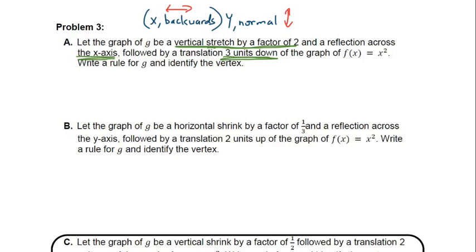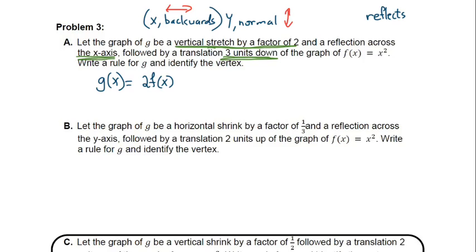So for my g of x, I'm going to take my original f of x. There's nothing on the inside, so I don't have to mess with that at all. To stretch by a factor of 2, you multiply by 2. To reflect across the x-axis, that means we multiply by a negative. Remember, reflect, this drives people crazy.